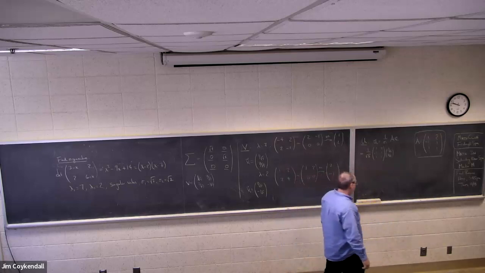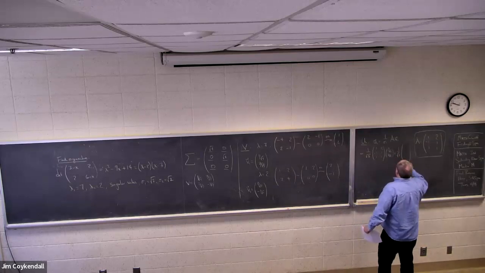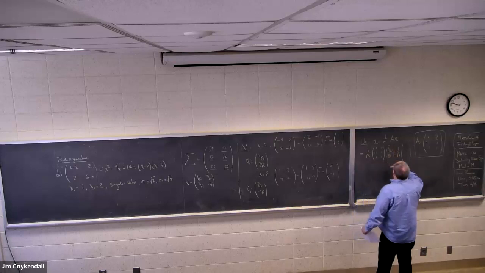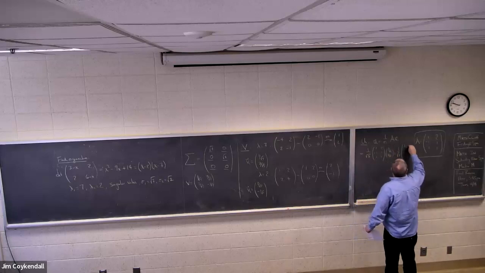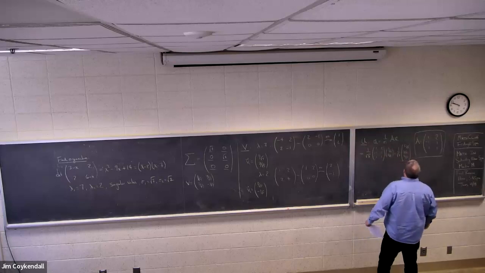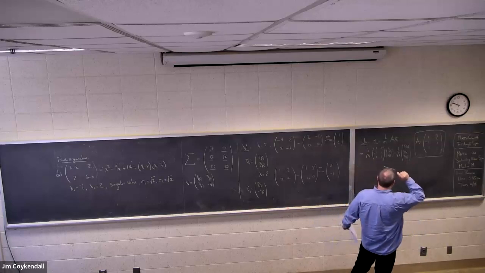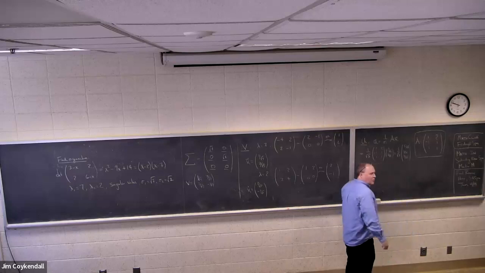Now this should give me a 3 by 1 vector. This is 1 and 2. This is 5 over radical 5. This is 1 over radical 5. And this is 3 over radical 5. Now I want these to be orthonormal too, right?